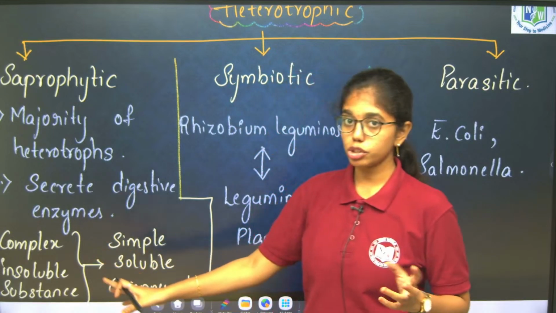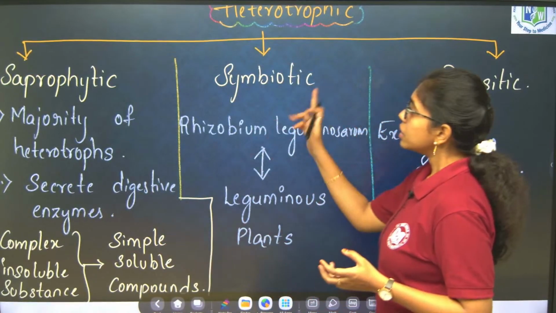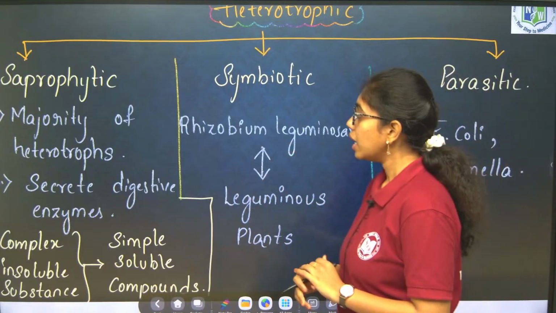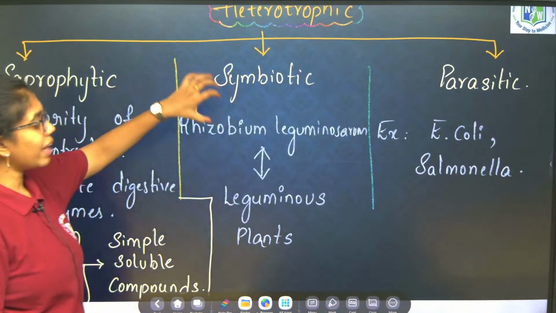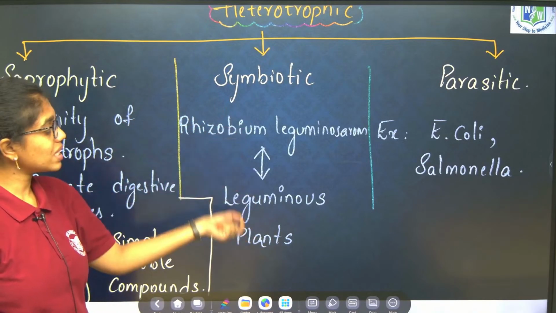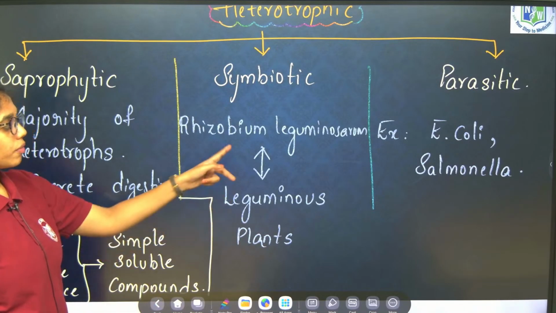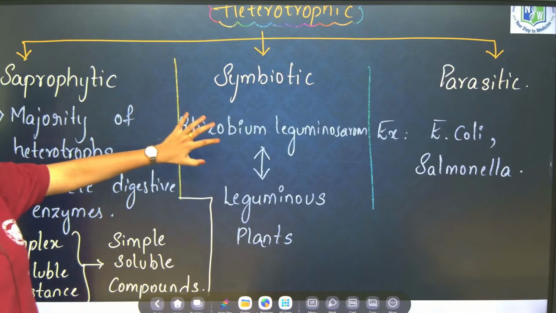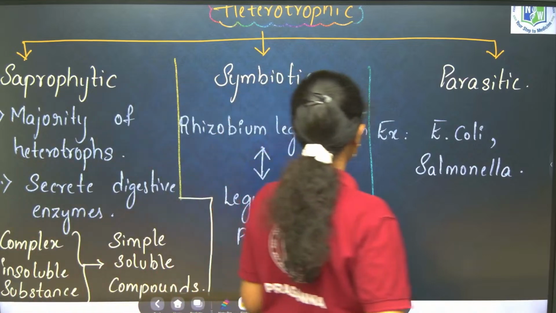In the symbiotic mode, there will be mutual benefit. Rhizobium leguminosarum and leguminous plants show a symbiotic association, wherein leguminous plants provide shelter to the Rhizobium, and Rhizobium acts as nitrogen-fixing bacteria for leguminous plants.